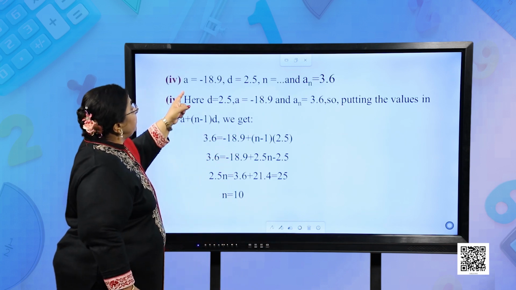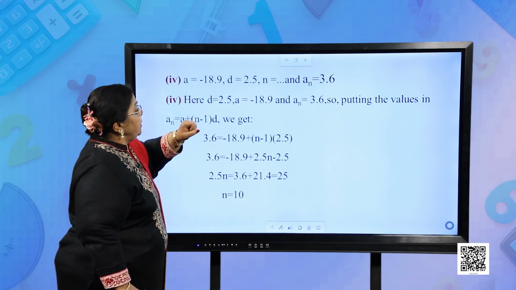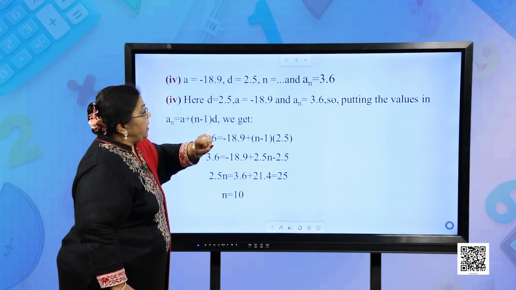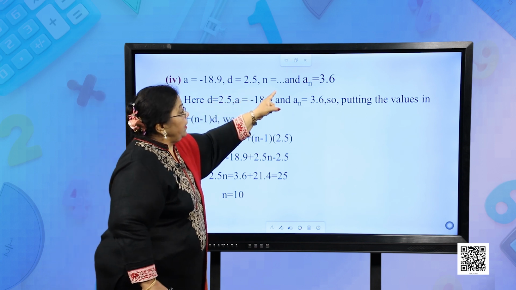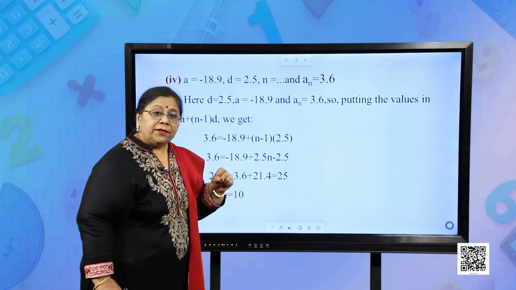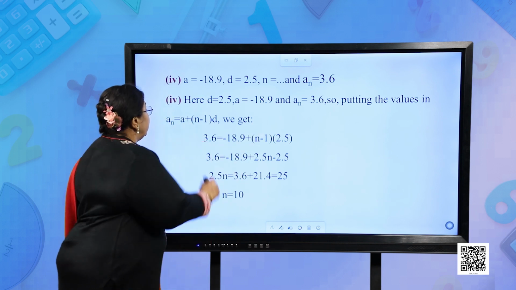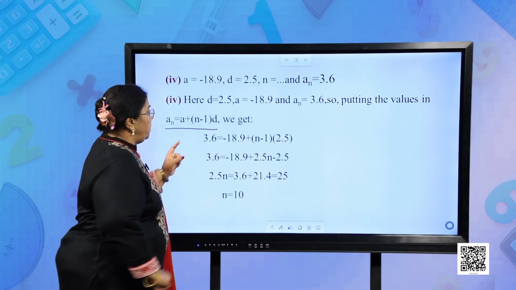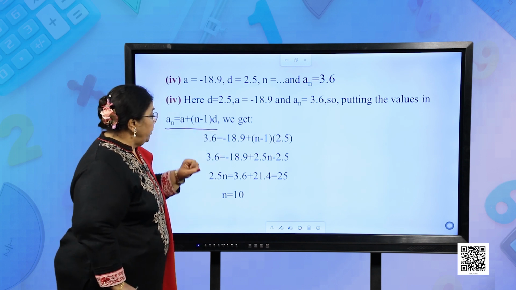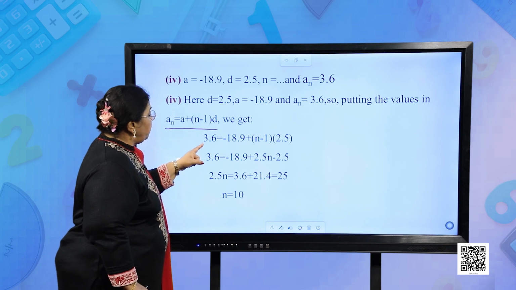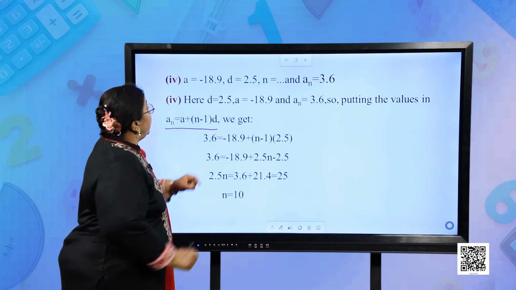Here A is equal to minus 18.9, D is given as 2.5. We are supposed to find n where An is given as 3.6. Now, substituting in the general term An is equal to A plus n minus 1 into D, we get 3.6 is equal to, what is A?